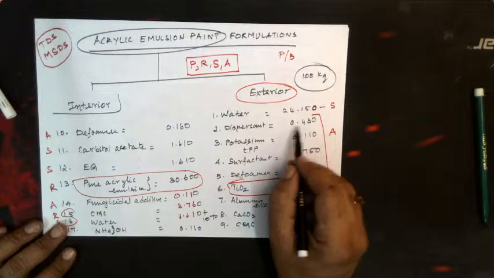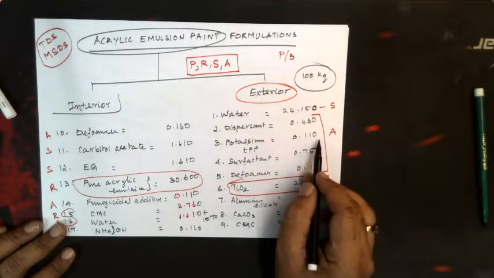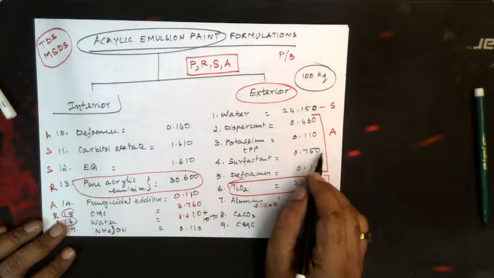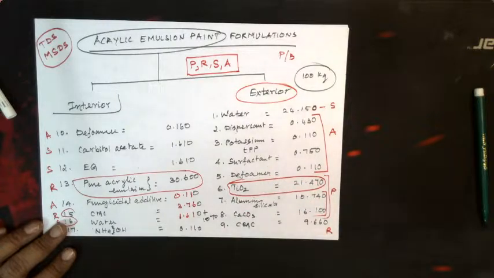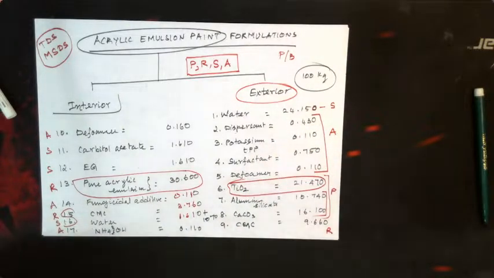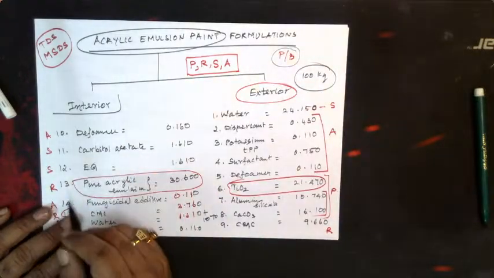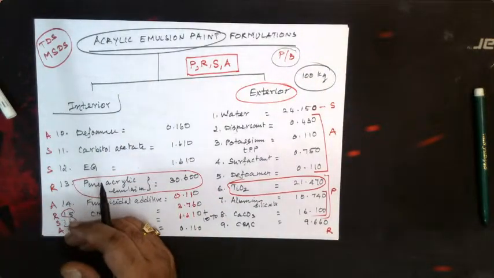So you can take 430 gram of dispersant, then potassium TPP 0.110 kg, 0.75 kg surfactant, and a defoamer 0.1. Then titanium dioxide, usually 20 to 25% depending on the requirement. For example, I think I already discussed this pigment binder ratio, and based on that you can have different finish also.